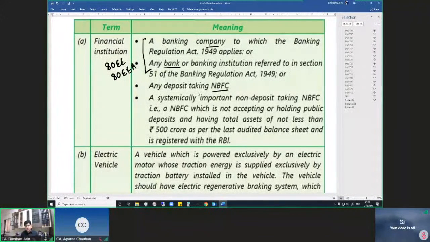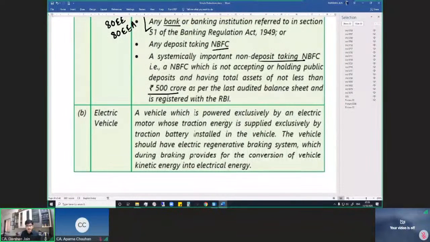So any NBFC, non-banking financial corporation, which is allowed by the RBI to accept deposit, even if you take a loan from such NBFC, it would be eligible for deduction. The interest amount of a systemically important non-deposit taking NBFC would also be eligible for deduction. Non-deposit taking, but then it has got a good net worth, with total assets of not less than 500 crores. So more than 500 crores of total assets. It's a systemically important NBFC.